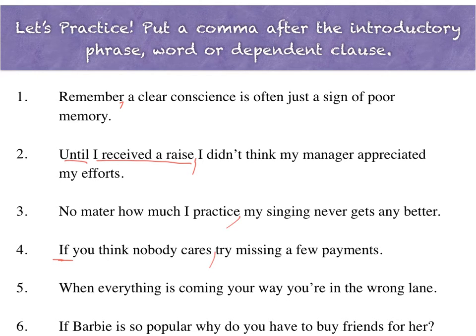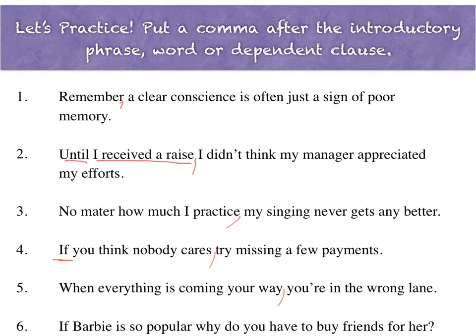In the next sentence, "When everything is coming your way, you're in the wrong lane." This is an example of an introductory phrase, and that's where you have to put the comma in that sentence. In the last sentence, "If Barbie is so popular, why do you have to buy friends for her?"